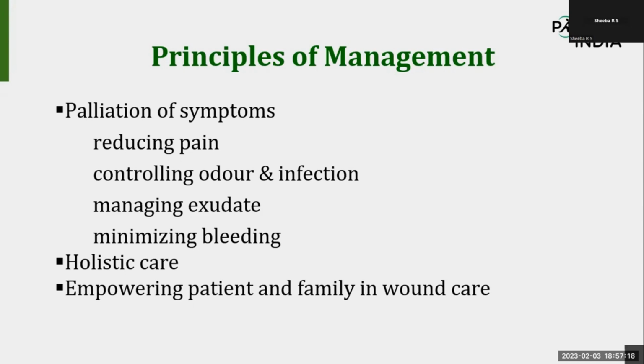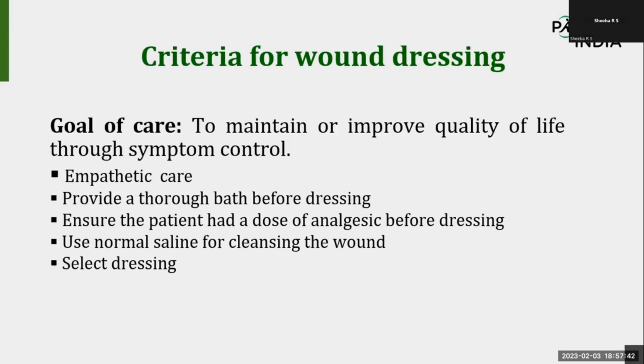So this person needs total care: physical care, emotional care, spiritual care, and social care. And always empower the patient and family in wound care, because we are not able to go to the home every day and do the dressings. What we do is train and empower the caregivers for wound management.